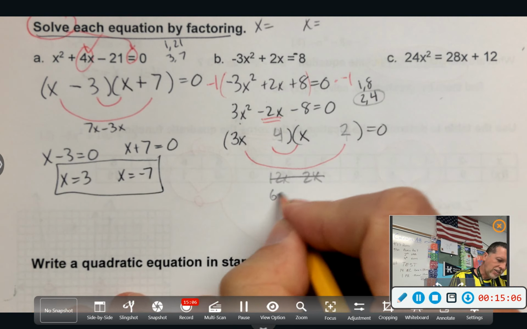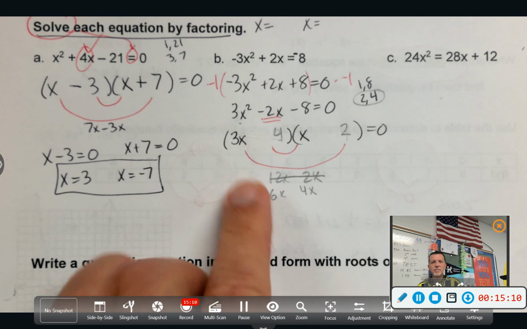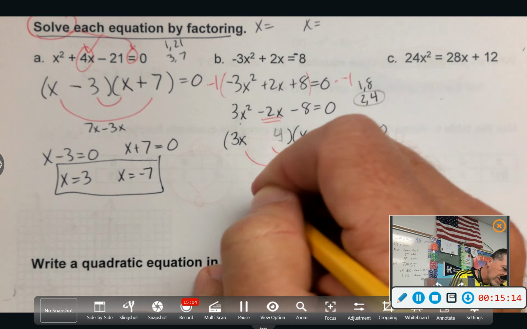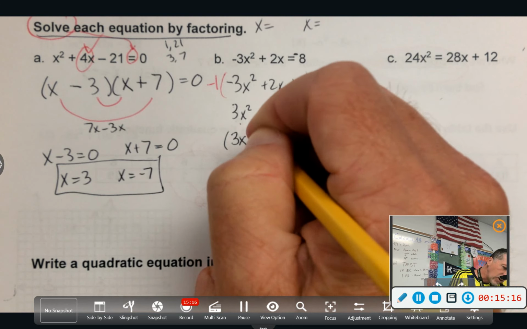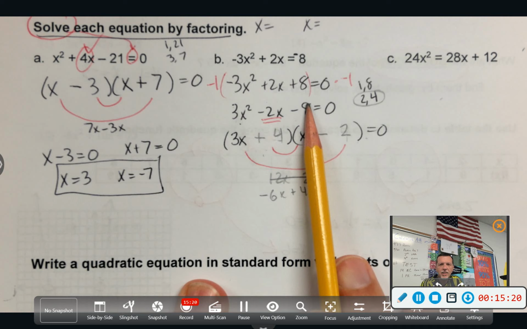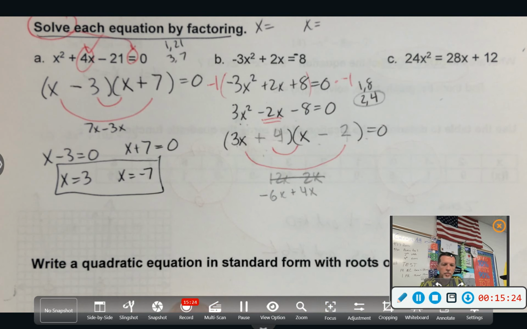Now I've got 6x and 4x. Okay, now I can make negative 2 out of that if the 6x is negative and the 4x is positive. And so I've got negative 8 at the end, that's right, 3x squared at the beginning, and I've got the negative 2x.